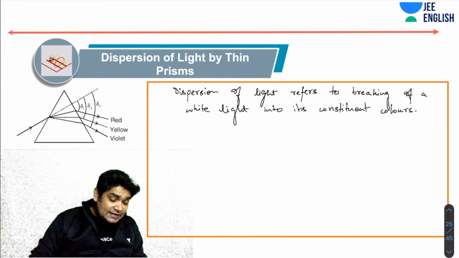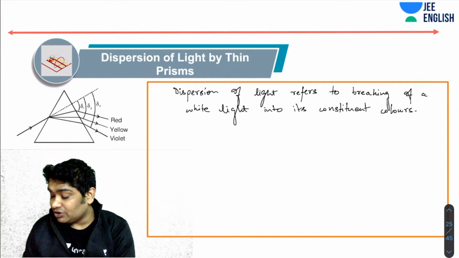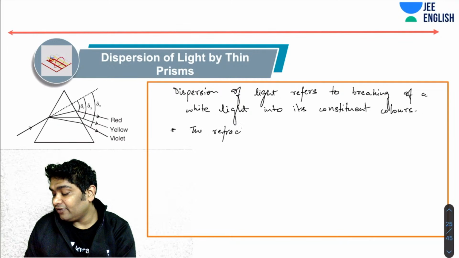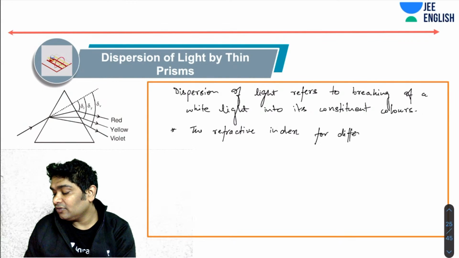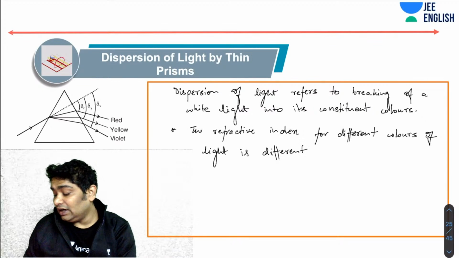All right. Now, why is that dispersion happening? That dispersion is happening because there is an equation called Cauchy's equation. The refractive index for different colors of light is different, and is given by Cauchy's equation.